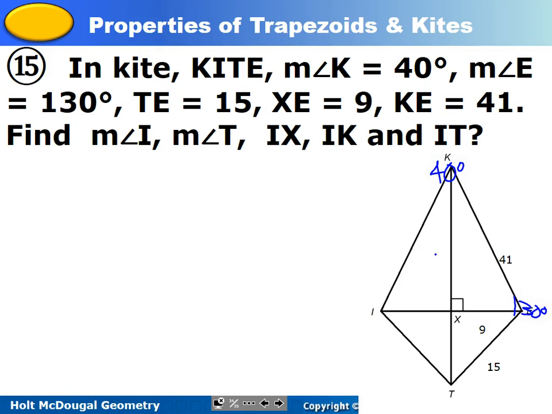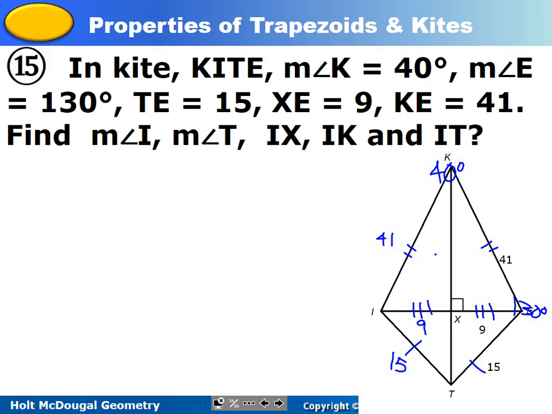XE is 9, and KE is 41. So we know a couple things here. Obviously, we know that consecutive sides are congruent, so this would be 15 here. We know that this would be congruent with this, which would be 41. And we know that this is congruent with this, so both of these would be 9.